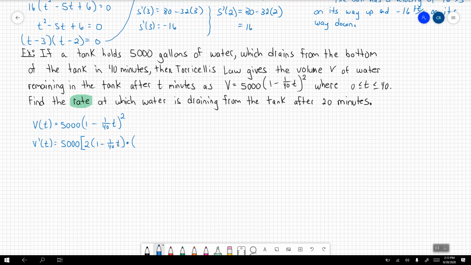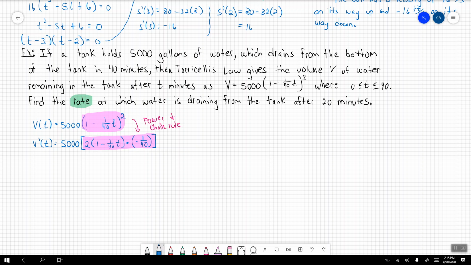So the derivative of t will just be the constant that's multiplying it, which is negative 1 over 40. Awesome. So again, I'm just going to highlight this just to say that we use the power and the chain rule here. All right, so that was the power and chain rule.